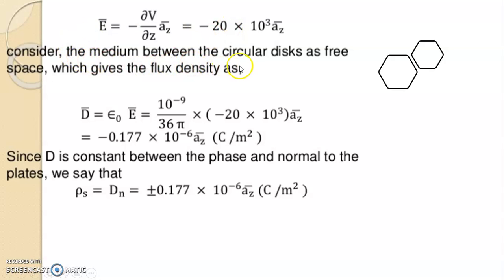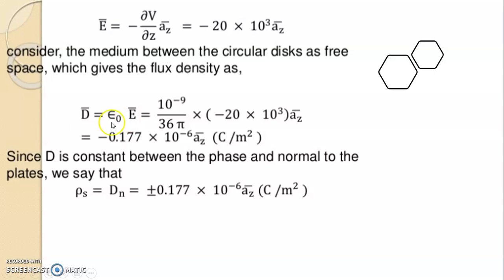Here you can see that the medium between the discs is free space, which gives the flux density. You have to calculate D. So we know that D is epsilon 0 E. So it will be 10 raised to the power of minus 9 upon 36 pi into minus 20 into 10 raised to the power of 3 a z. You will get D is minus 0.177 into 10 raised to the power of minus 6 a z.